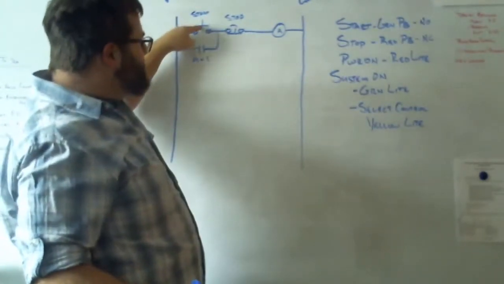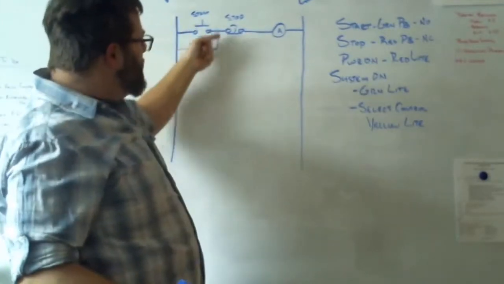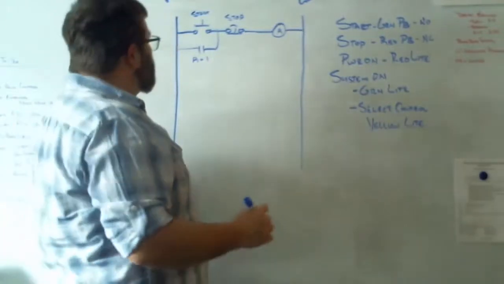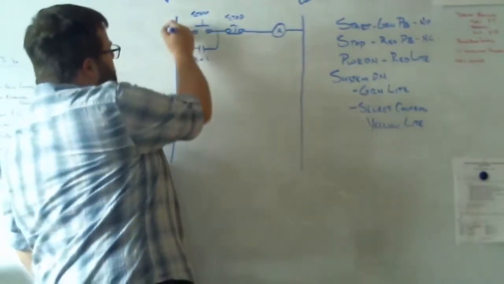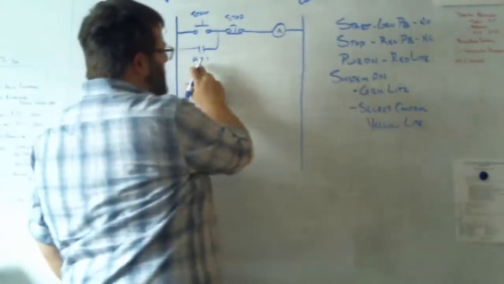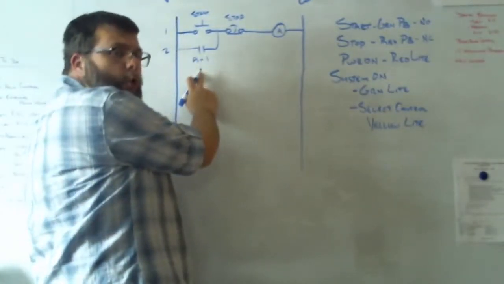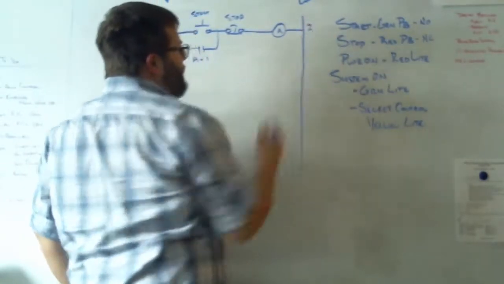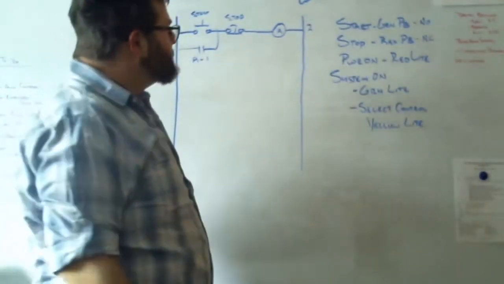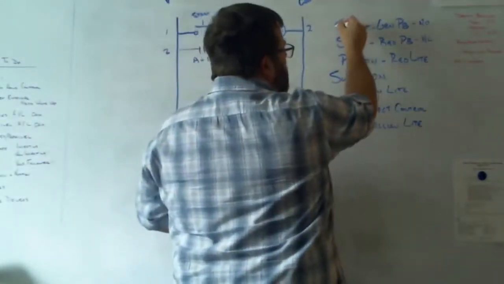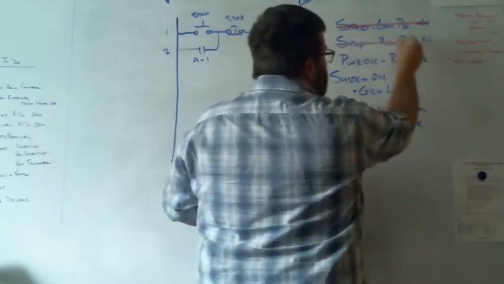Now I can release this start button, and the current will flow and maintain that coil. All right. That is rung 1. Rung 2 has a normally open contact that controls. All right, so we are done with start, stop.